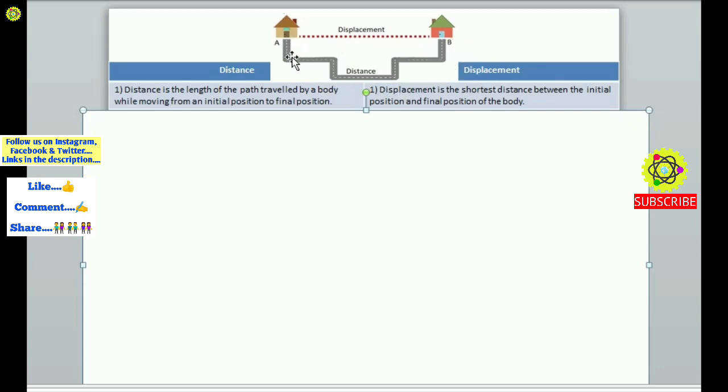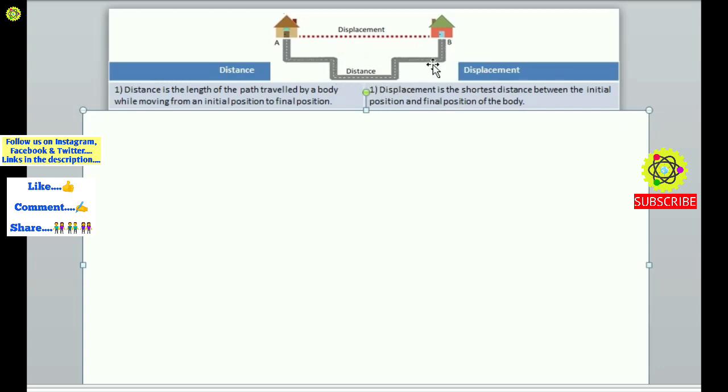So from A to B, when we go by this gray colored road, this distance traveled or path traveled is called distance. Distance is the length of the path traveled by a body while moving from an initial position to the final position. This is the path traveled by a body.